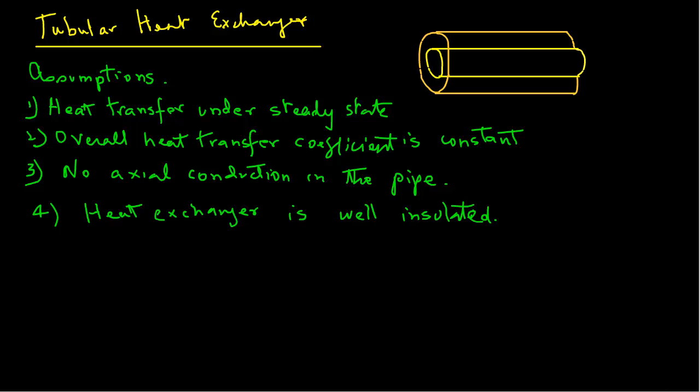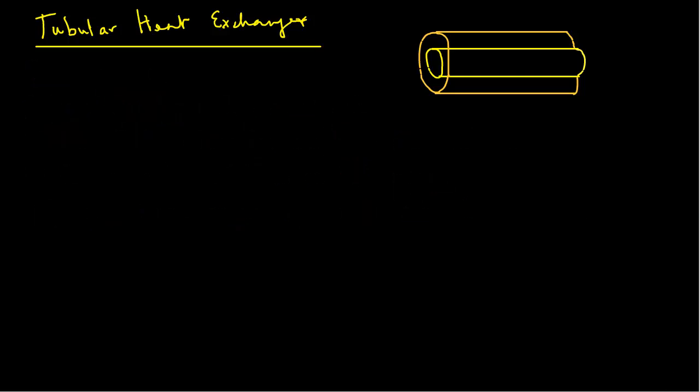Now if you look at the fluid that is flowing inside the heat exchanger, and if its temperature changes from some temperature T1 to temperature T2, then we can write a very simple expression that Q, or the rate of heat transfer, equals m dot, which is the mass flow rate, times Cp, that's specific heat of that fluid, times T1 minus T2. So T1 is the inlet temperature and T2 is the exit temperature from our heat exchanger.